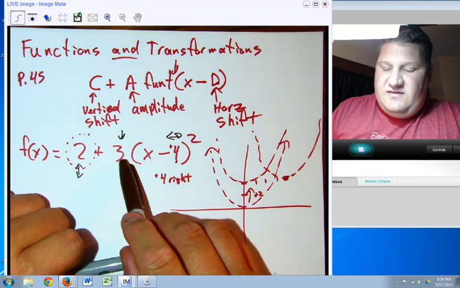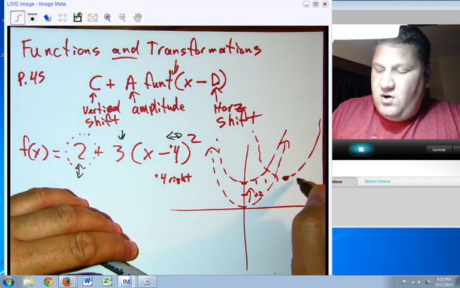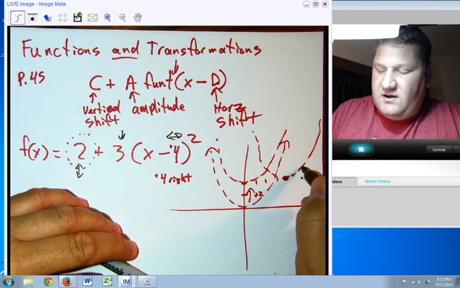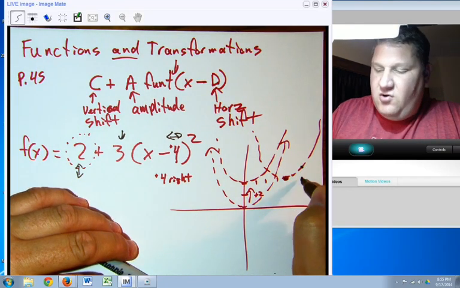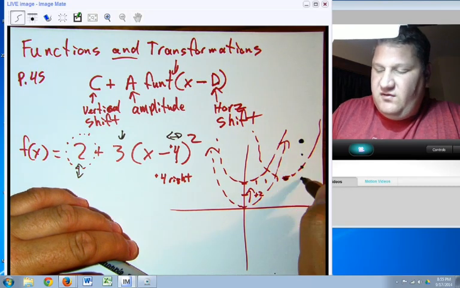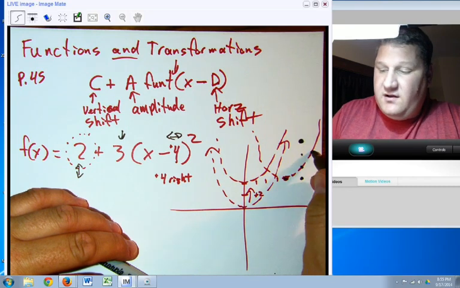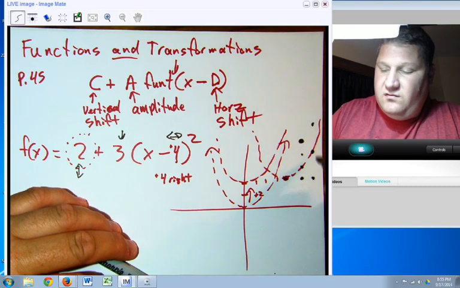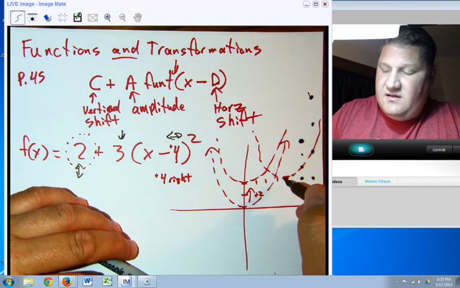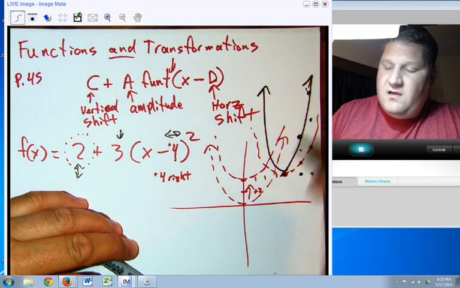The other way to think about it is this 3 means for every bit that I go over, instead of going up 1, I go over 1 but up 1, 2, 3. Instead of over 2 and up however many this is, it's 1, 2, 3. And so what you end up with is the same problem, but it's now much taller.